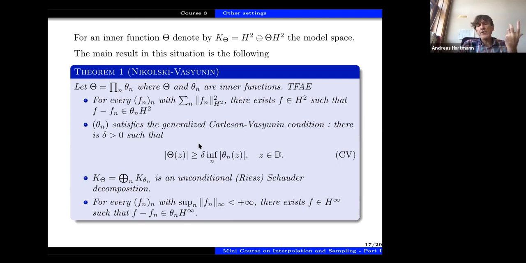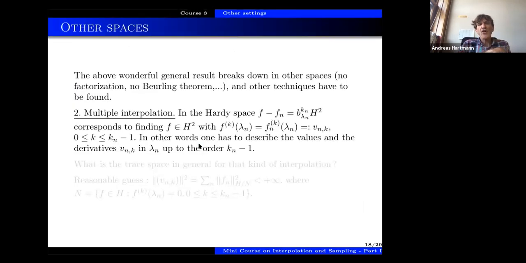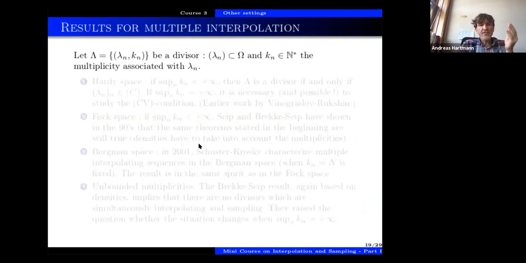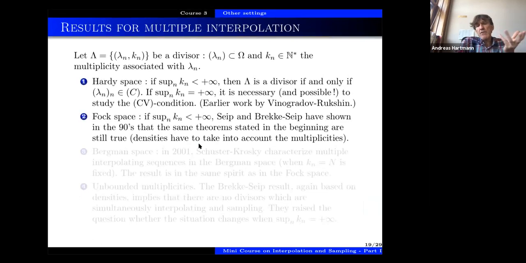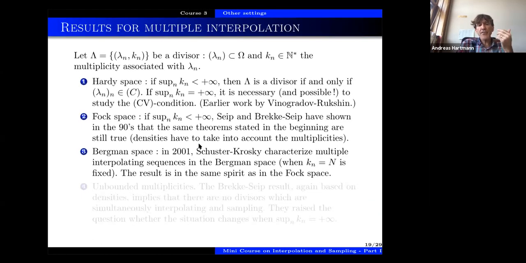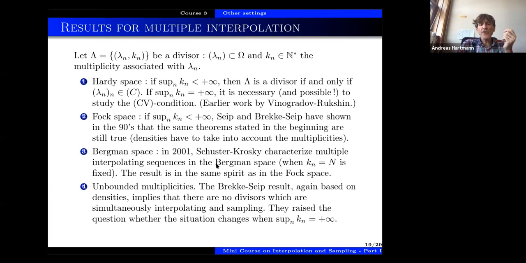I just want to mention, and this is maybe the last thing, that this multiple interpolation has been considered in many other spaces, like the Hardy space, of course, but also the Fock space, the Bergman space. There were also some questions about unbounded multiplicities, and quite recently we were able to give some partial answers to the question of unbounded multiplicities in the Fock space.